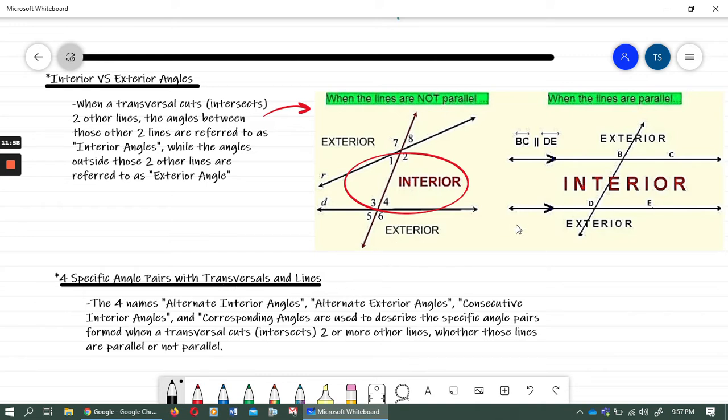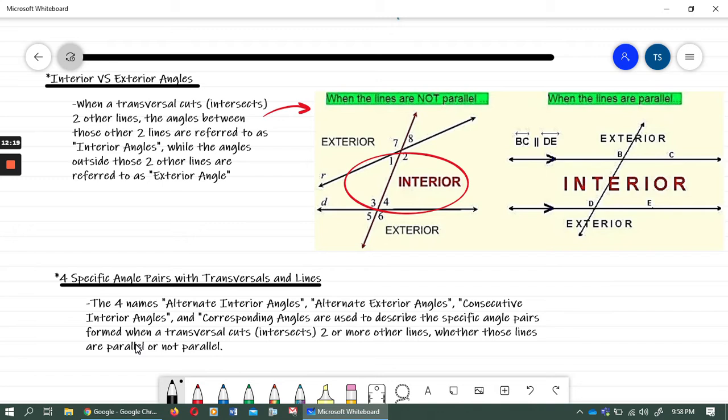But anyway, let's talk about these four specific angle pairs with transversals and lines.